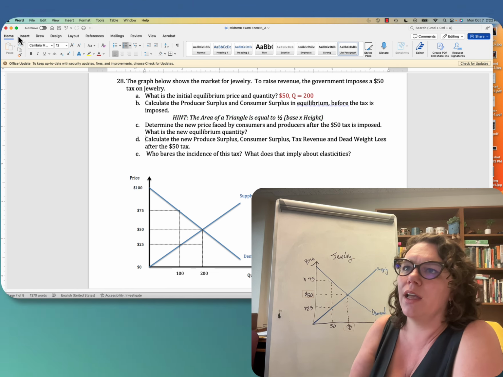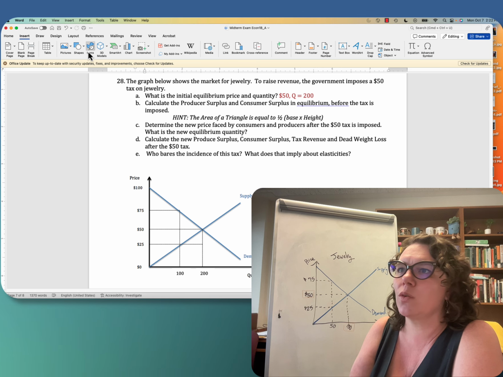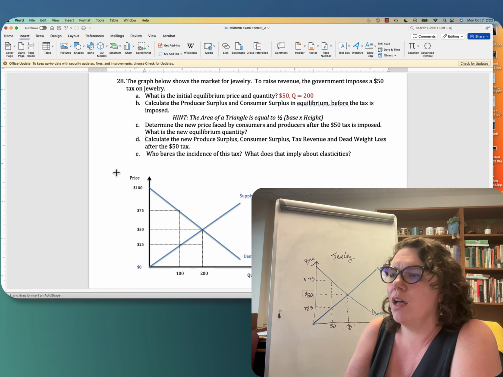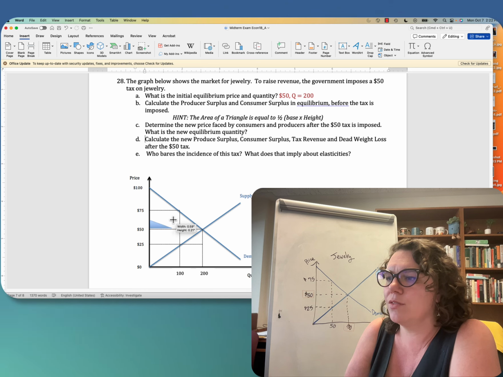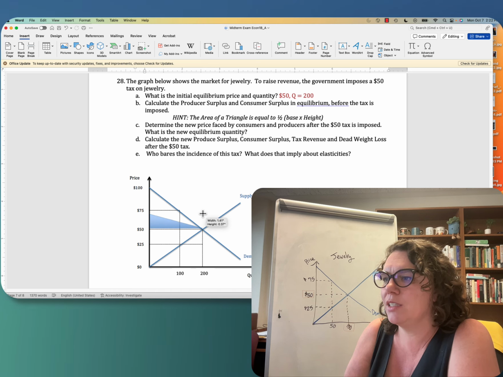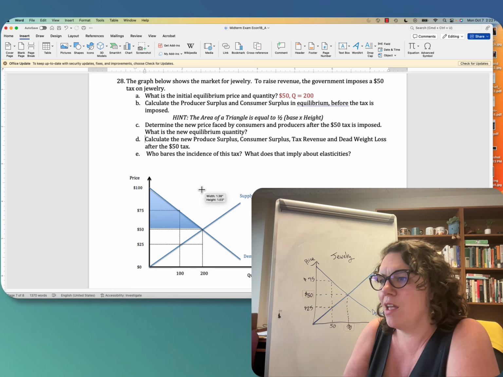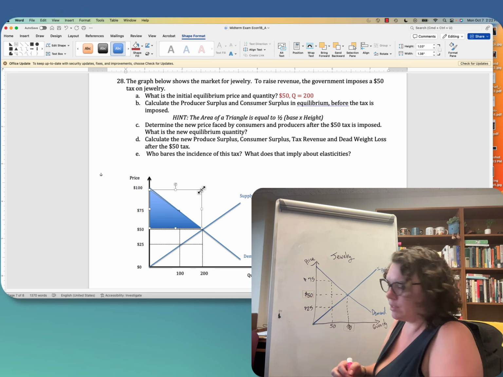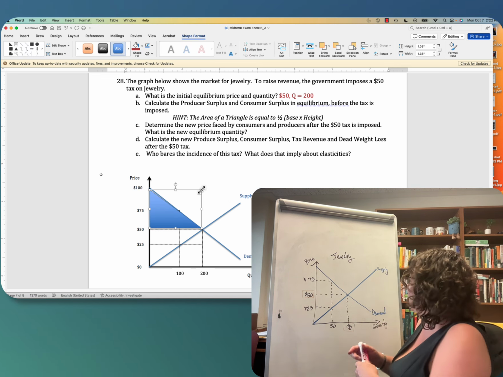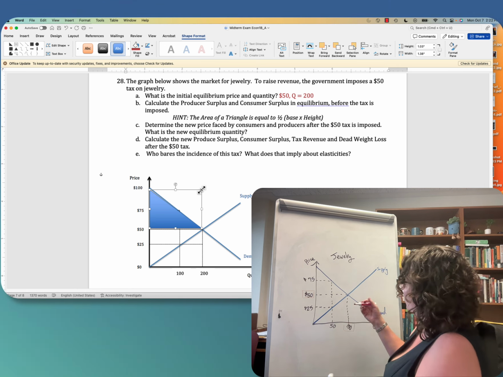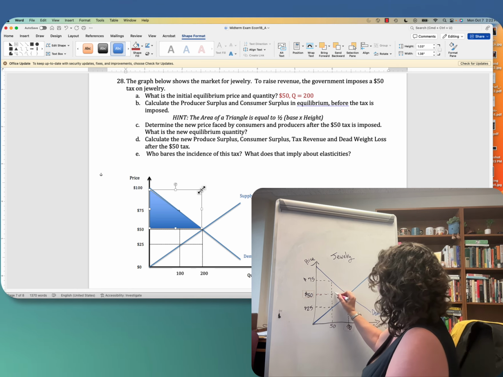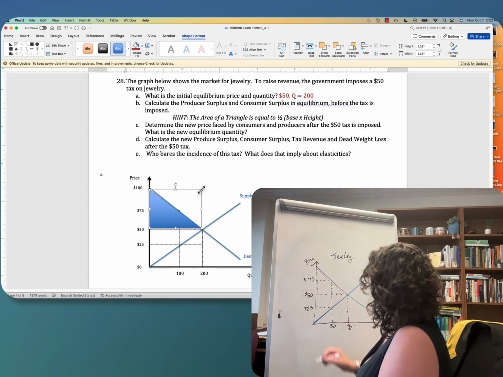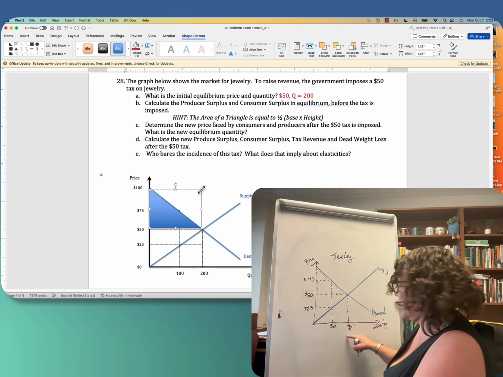So the version here with this triangle, or with this graph that has quantities of 100 and 200 is going to have an area of consumer surplus, which is beneath the demand curve and above the price line, but it's going to be a different triangle depending on what your quantity is.